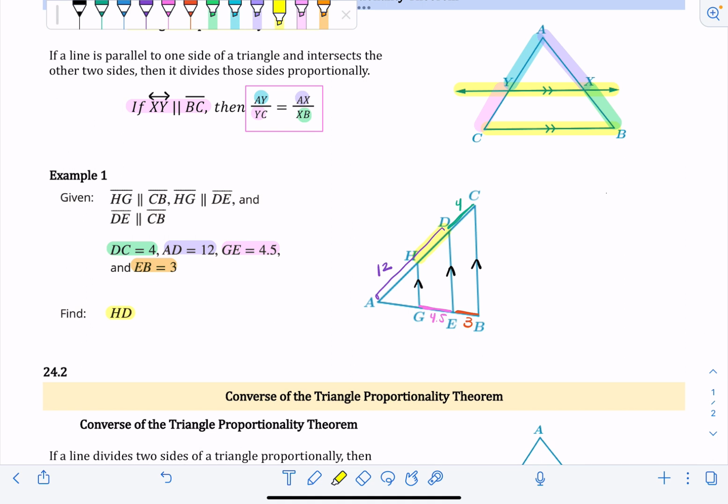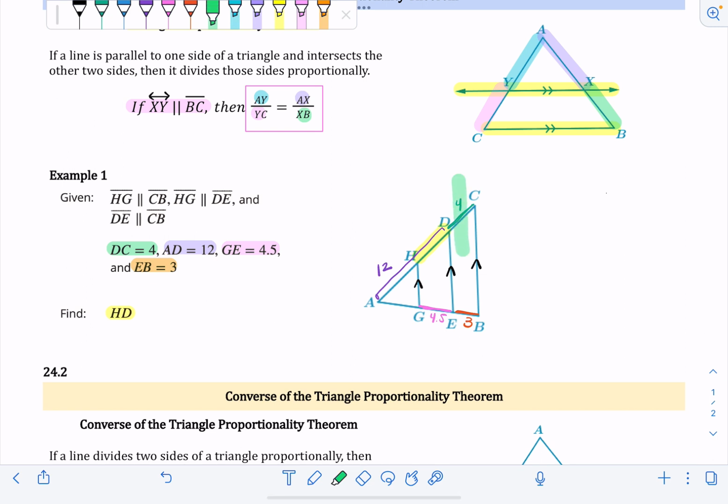We actually don't need all of the information that's given to us to find what HD is. We have enough information basically excluding AD. We don't need to use that full double section, because we have two pairs of sides that aren't corresponding, but they match up.